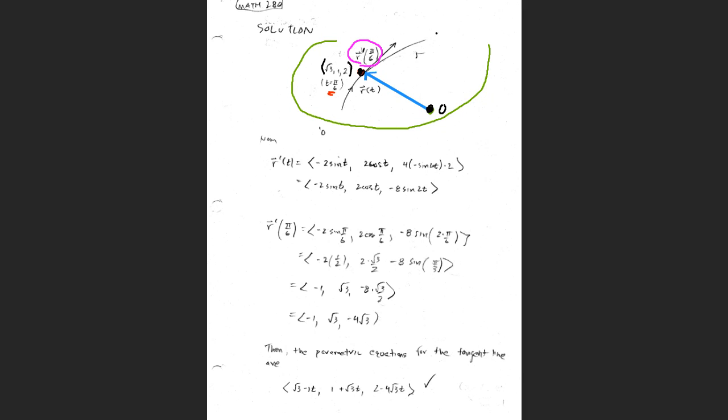So we have to find derivatives of these components for r of t.